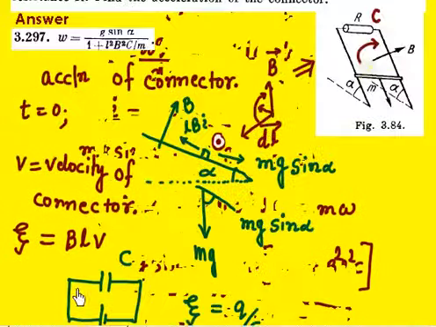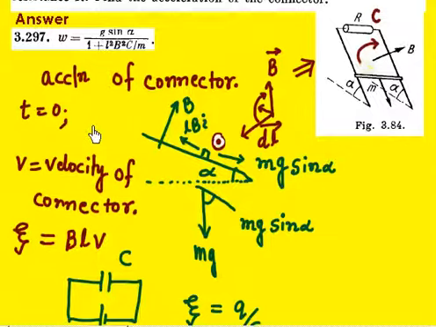One important point, we have the direction. Direction is important. For the calculation purpose, even if you have taken the direction as this, without thinking anything, you will get the right answer, because you know the force mg sine alpha tries to make acceleration in this direction and increase velocity in this direction. So I have to apply a Lenz's law force, that is I delta L cross B, in the opposite direction. Then you can correspondingly find the direction of current.